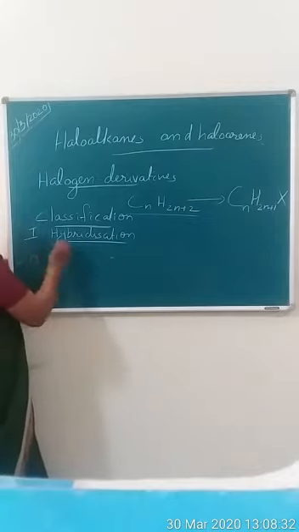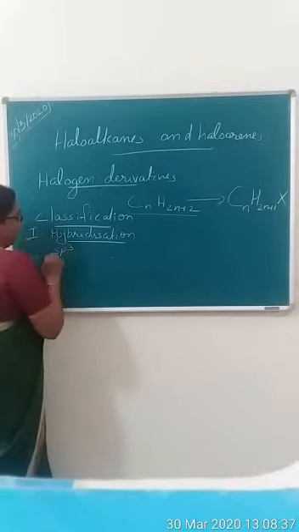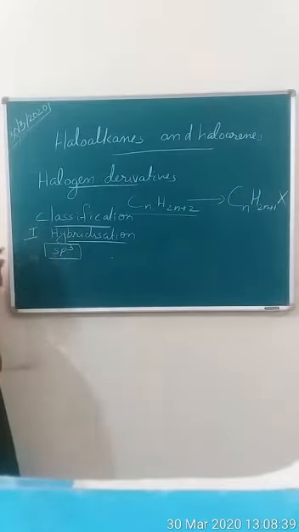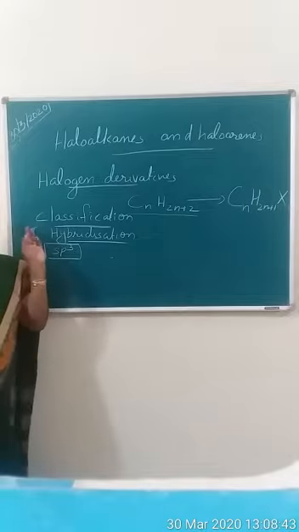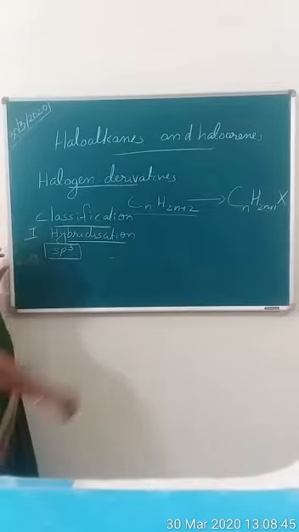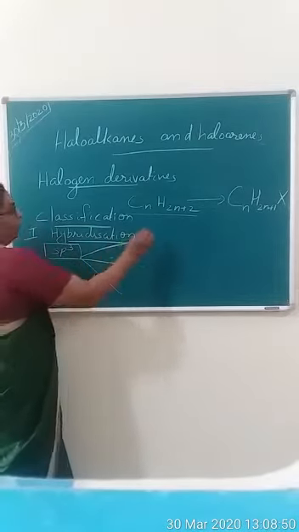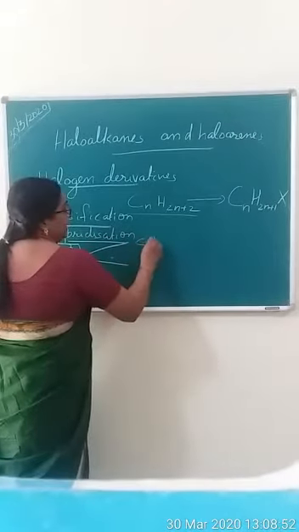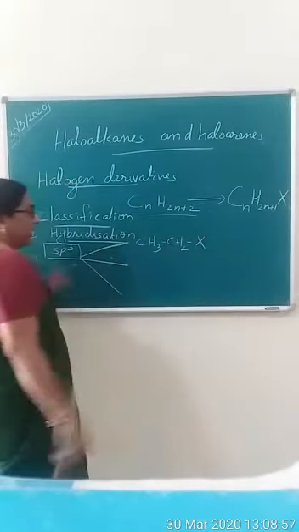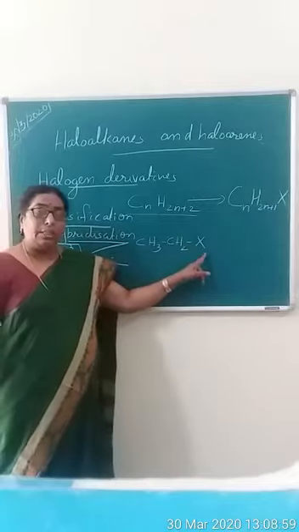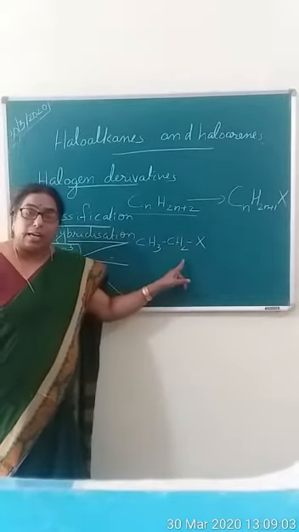First, let us see the halogen derivatives which possess sp3 hybridized carbon. On the basis of the presence of sp3 hybridized carbon, halogen derivatives can be classified into three types. First example, consider CH3CH2X. In this case you can see that the halogen is directly attached to sp3 hybridized carbon.